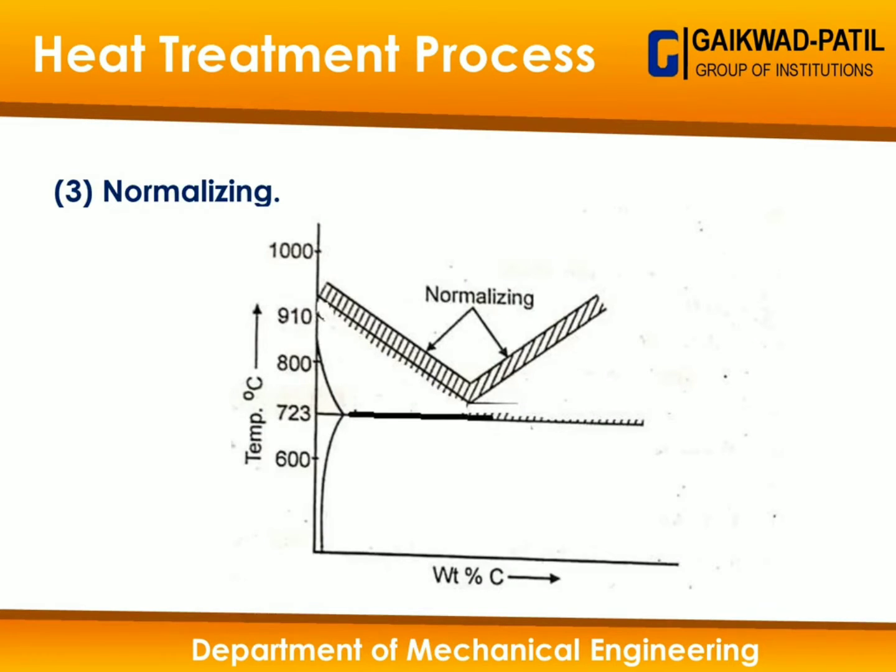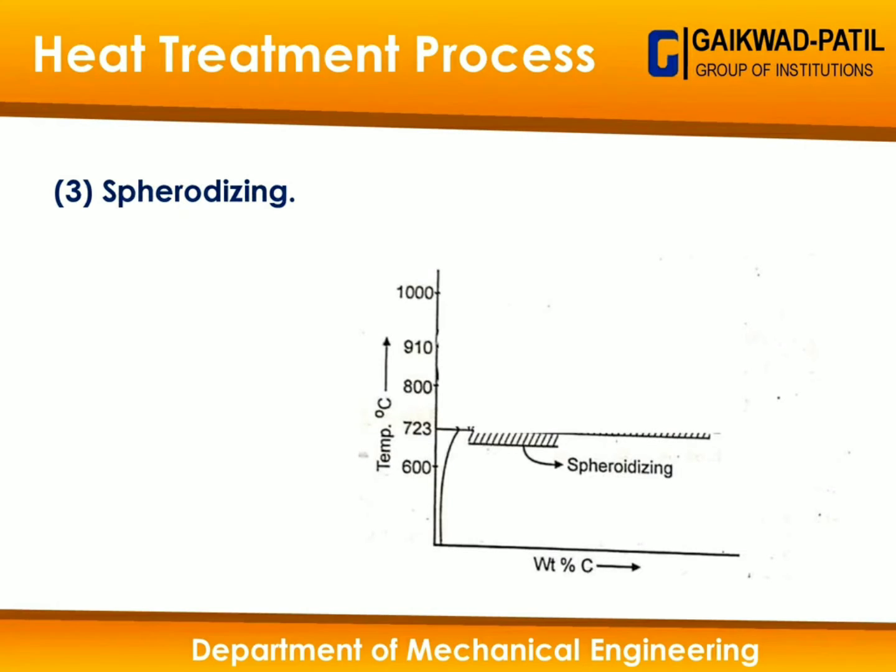Now, the spheroidizing heat treatment cycle is also a stress relieving heat treatment cycle, or we also call it retempering of the metal, in which we minimize the carbide percentage or spheroidize the crystal structure of the carbide or cementite in the metal structure to increase its machinability.